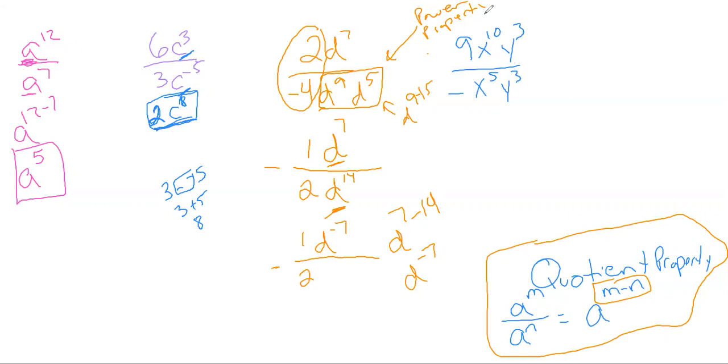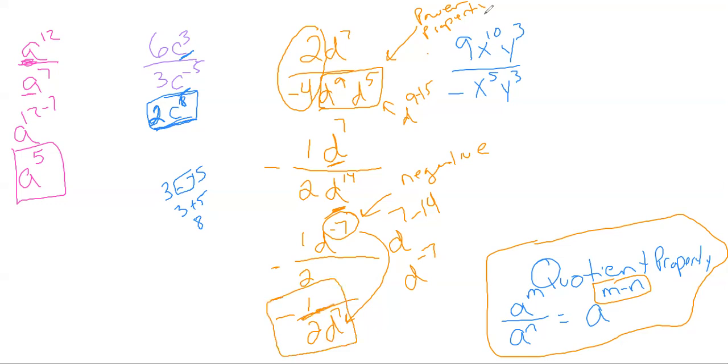We learned that when we were talking about zero and negative exponents. So I'm going to write negative 1 over 2, and this negative exponent makes us put d to the 7th power in the bottom of the fraction. So this is just simply negative 1 over 2d to the 7th power.